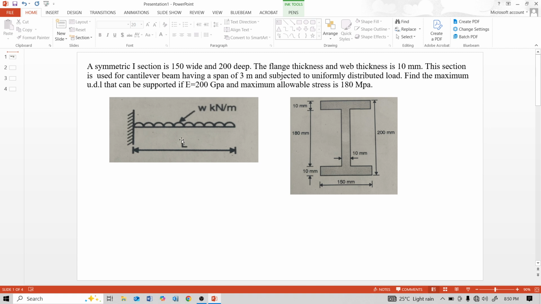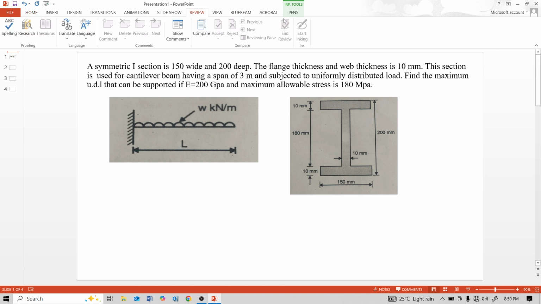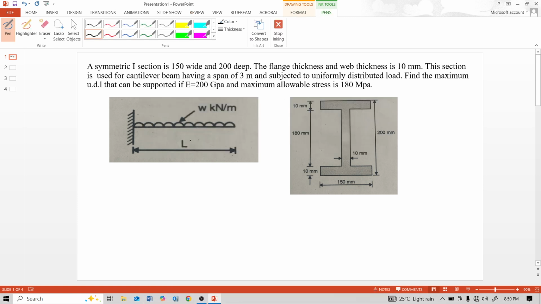This is a cantilever beam. The length of this cantilever beam is 3 meters, with a uniformly distributed load.